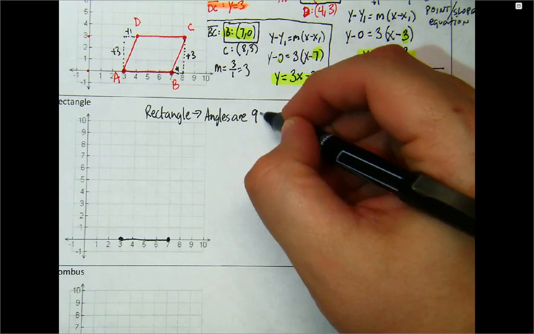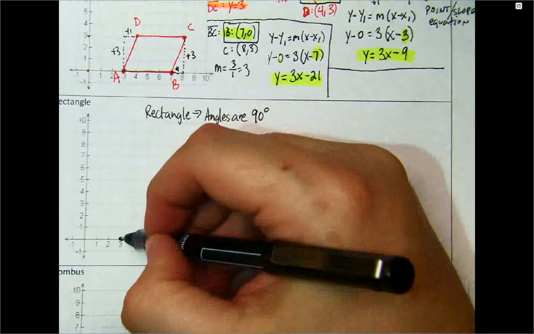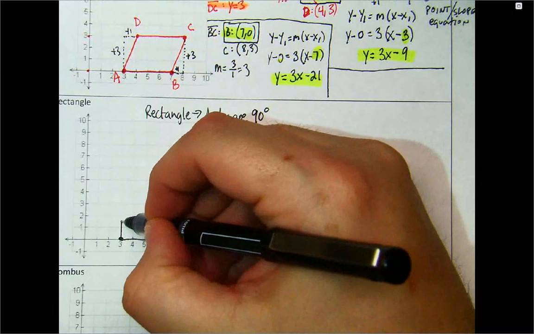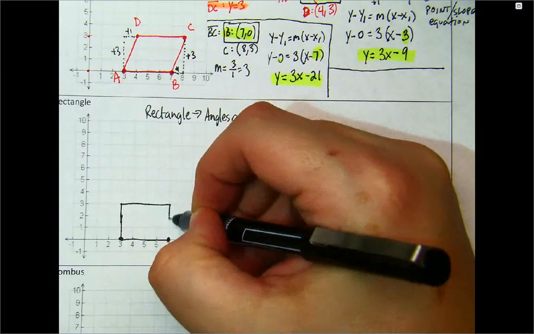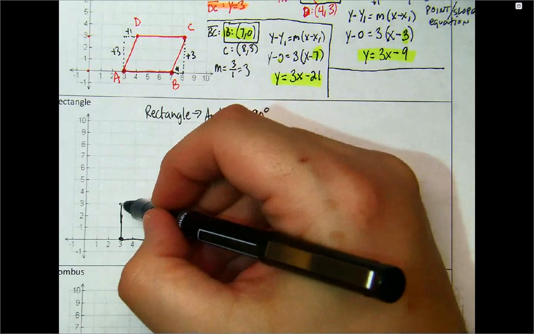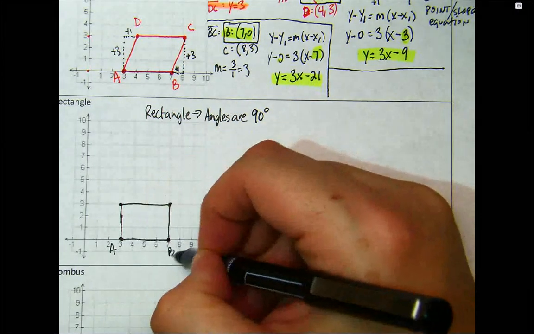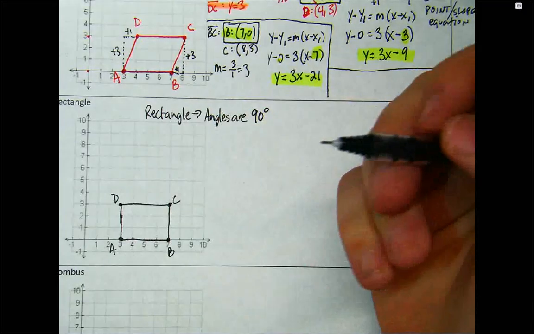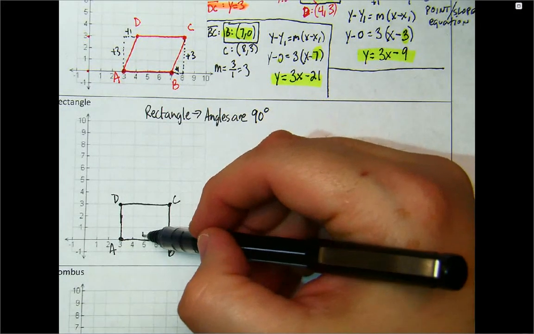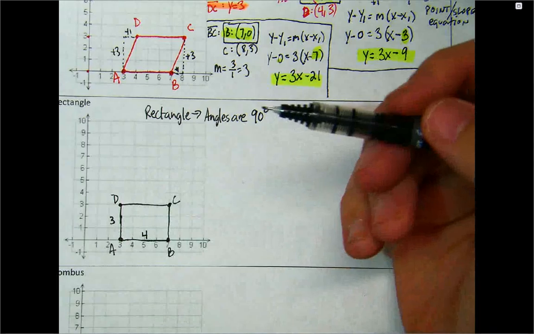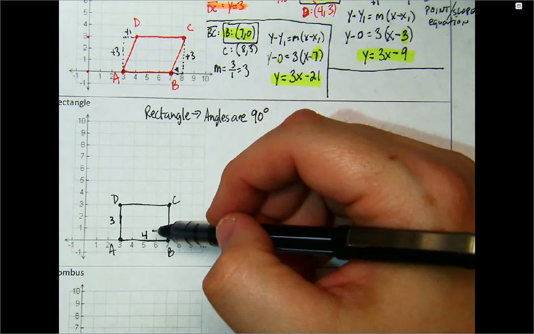So what I have to do is this. Now, this doesn't have to be the rectangle you choose. If that's A, B, C, D, like that, as long as this side is 4 and this side is 3, as long as these two sides are different, you'll have a rectangle. If you made 4 by 4, it's a square. So you don't want to do that.